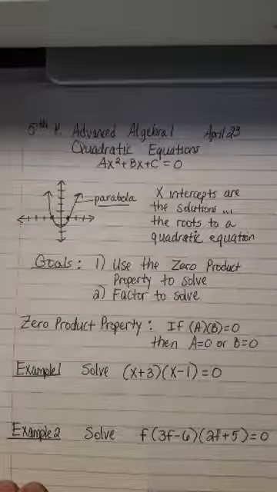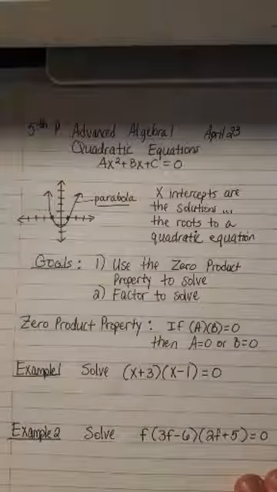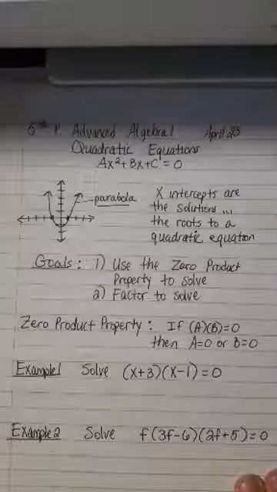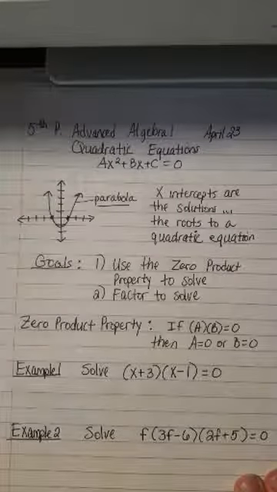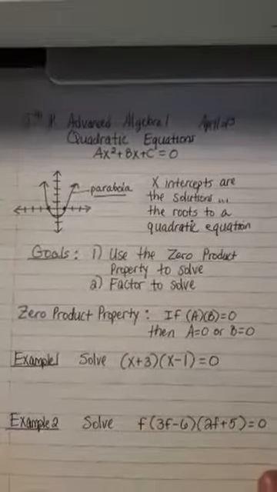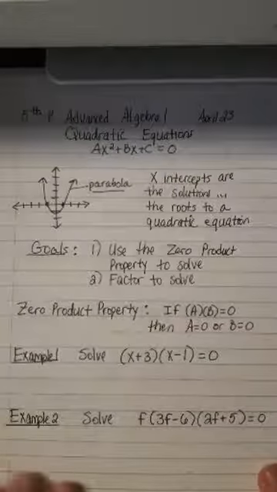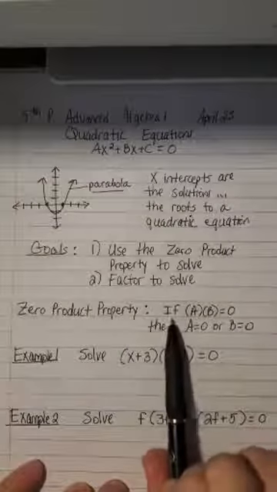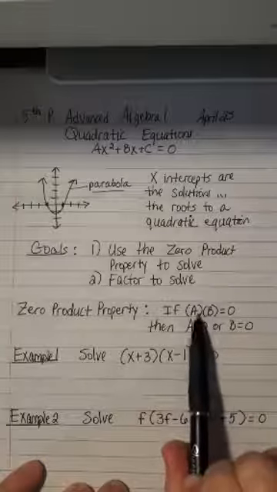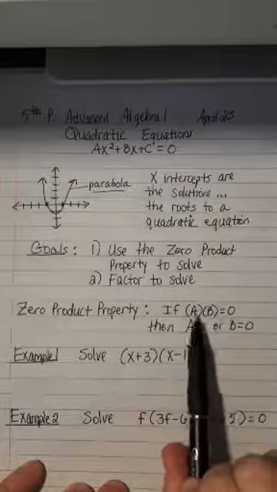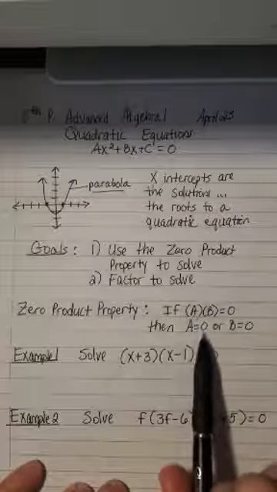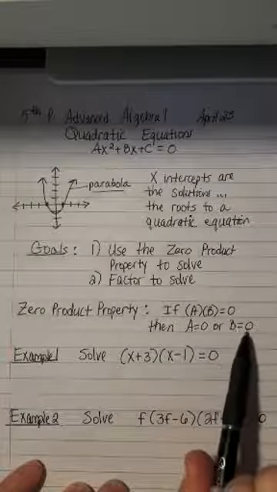Before we can factor, we have to understand the zero product property, because that's involved in getting the solution. The zero product property tells us that when you multiply two things together, A and B in this case, A times B, and that answer is equal to 0, then either A has to equal 0 or B has to equal 0.